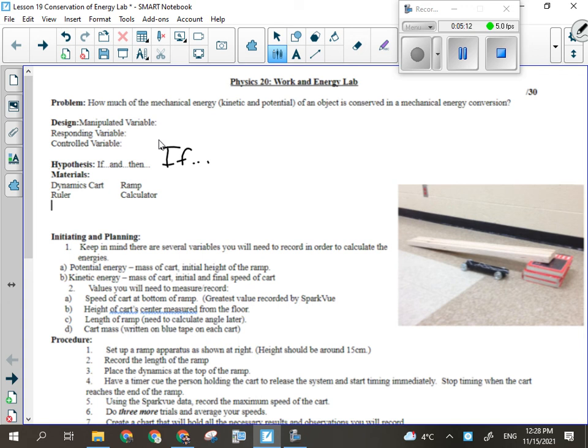If the law of conservation of energy, blah, blah, blah. The and part, as always, describes the experiment: the mechanical energy of a cart at the top of a ramp and the bottom of a ramp are compared, like that.